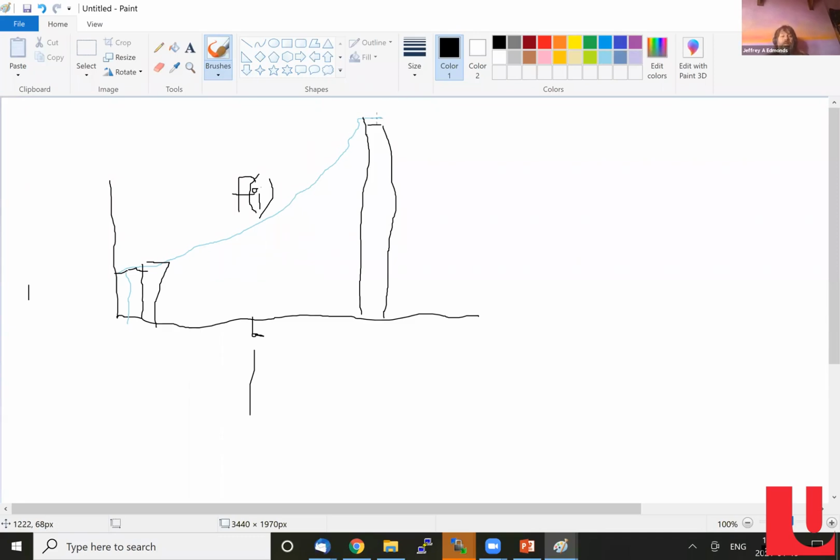So the upper bound is, let's just draw a line directly across. And then I'll say my sum of f is less than or equal to n times f of n, right?